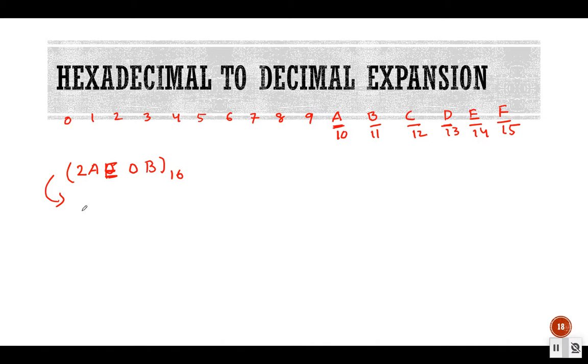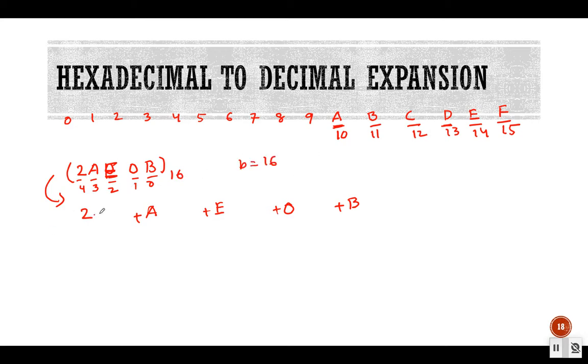So let's see. We have 2, A, E, 0, and B. Now these are our places, 0, 1, 2, 3, and 4, and our b equals 16.